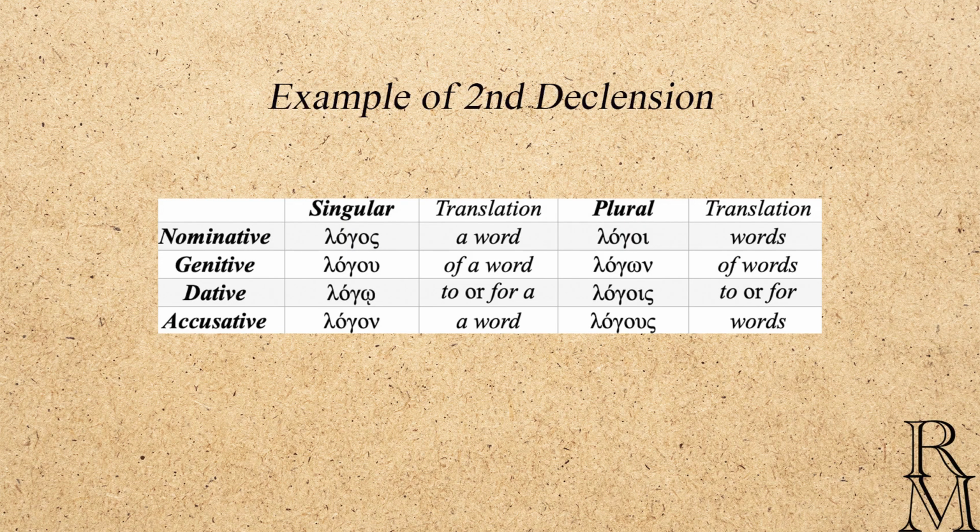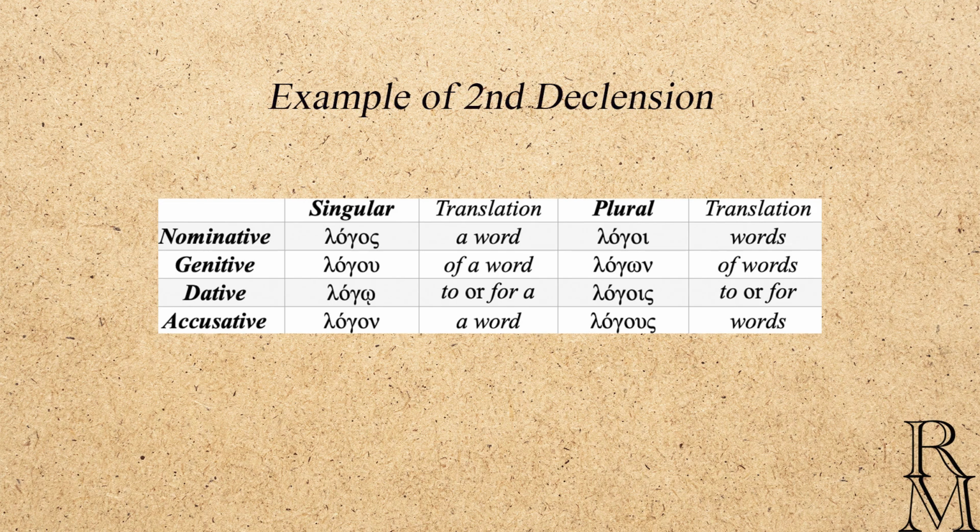Let me put up for you an example here, just so you can see how this goes. I've done logos, which simply means word. We'll get to the vocabulary in a bit. Your nominative singular would be logos, which simply means a word. Genitive is logou, of a word.